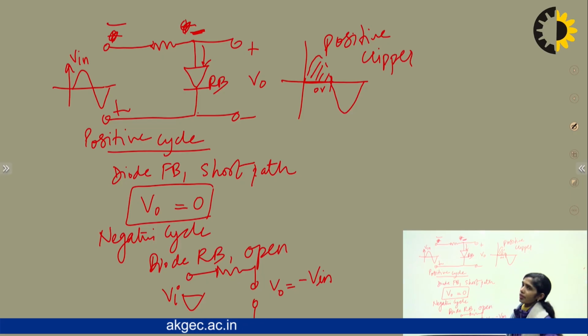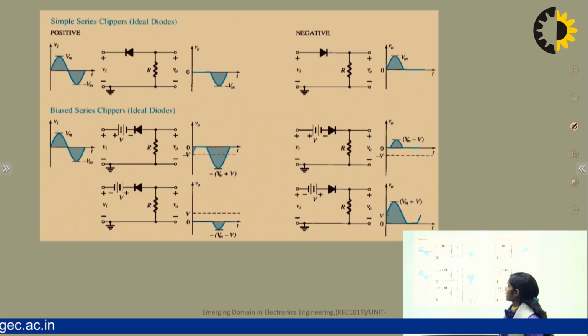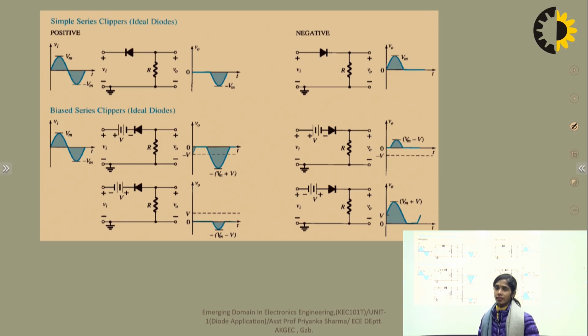In a similar way, we can design the negative clipper circuit just by reversing the direction of the diode. Now if we take the different combinations of series clipper, we have the simple positive series clipper, and this is the negative series clipper.